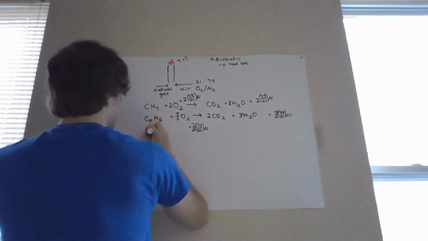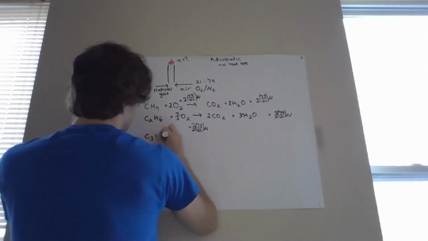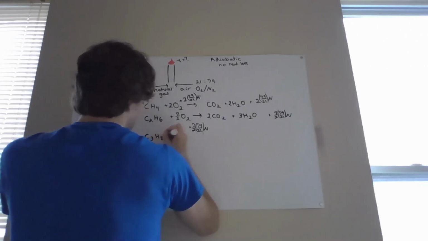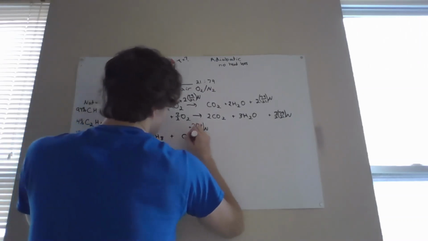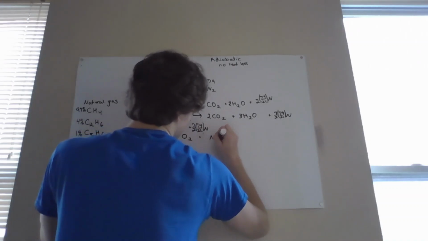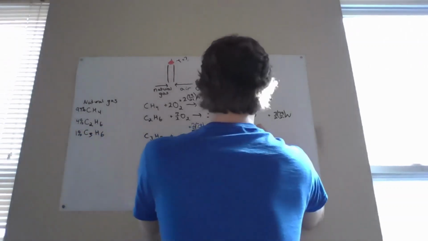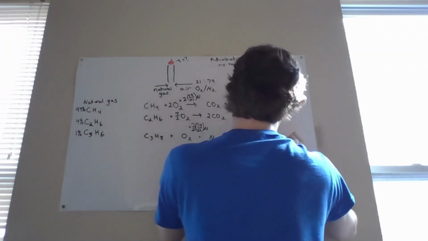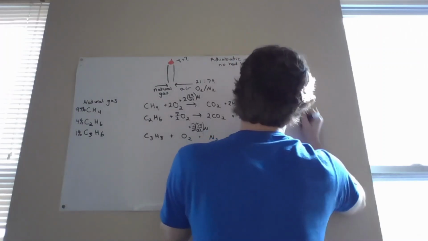Again, our last reaction will be propane, which is C3H8. We'll have oxygen, the nitrogen that comes in, and then the products of CO2, H2O, and the nitrogen that carries through the reaction.